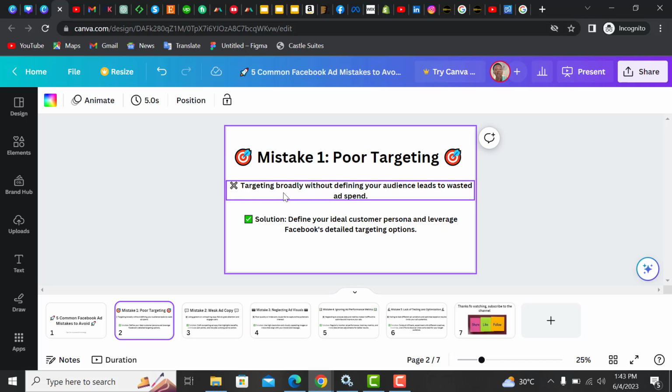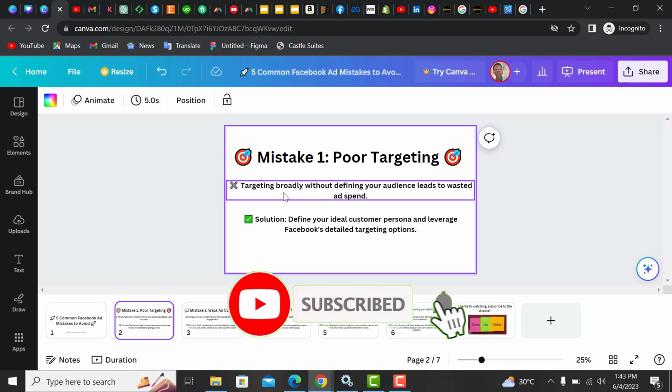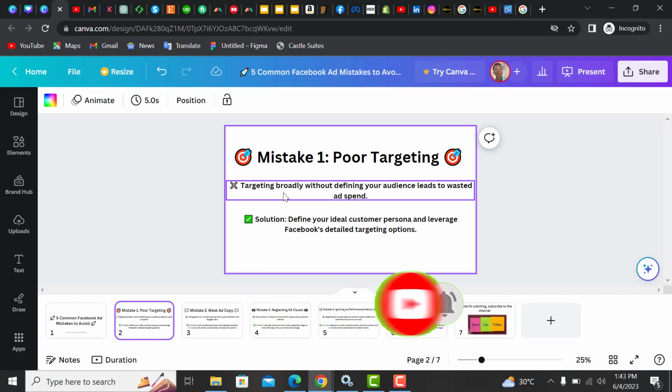Do I run ads and just use a broad audience? Yes, I do that, but only when I have data, or only when I'm selling products that are general to the public, that every single soul on this earth uses. For example, let's say I'm selling umbrellas. Almost everybody in Nigeria in rainy season will need an umbrella because an umbrella is generic for everybody.